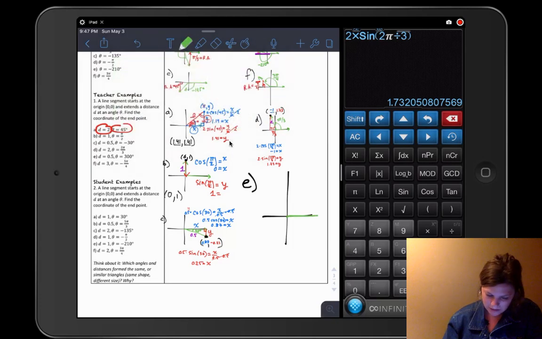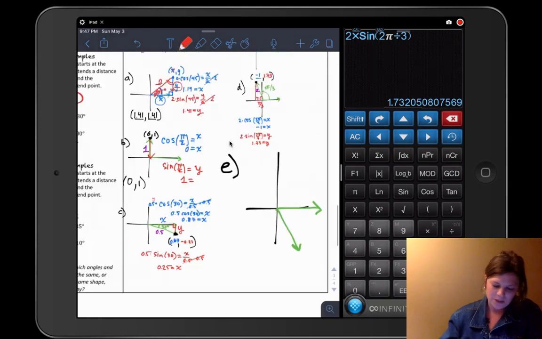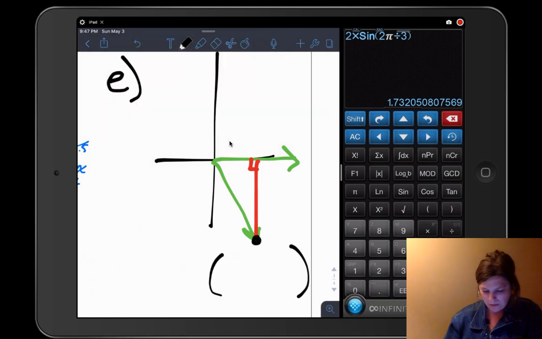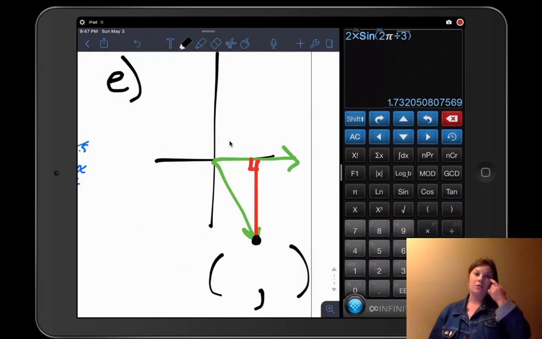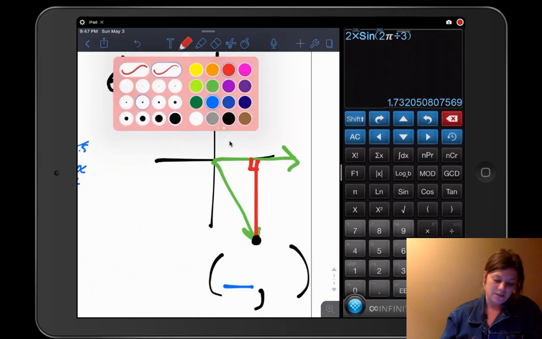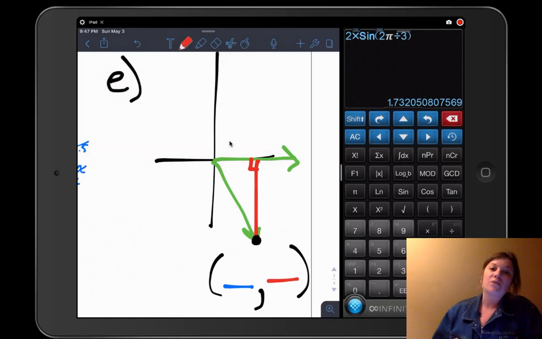So 300 degrees is right here. And we know that if we wanted to make a picture of what's going on, we're going to make a triangle that helps us see that this is our end point. We want to know what are the coordinates of that point. The cosine is going to help us find the x, and the sine is going to help us find the y.